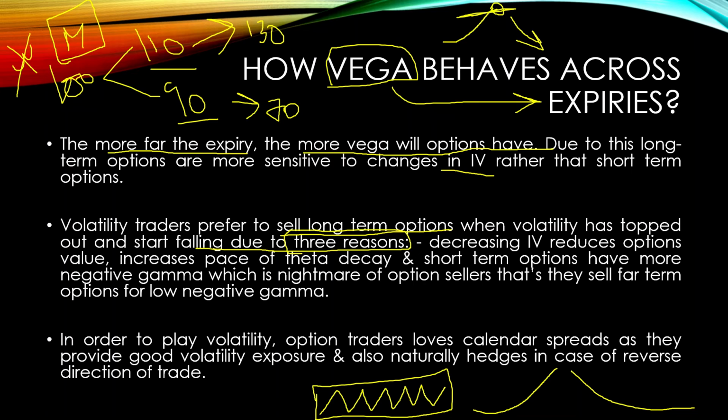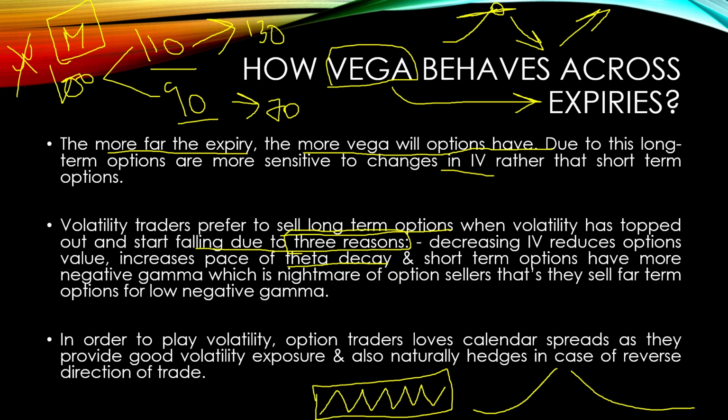Second, as discussed in our theta class, when the IV starts decreasing, it increases the pace of theta decay. The reverse is the case when IV starts increasing, it decreases the pace of theta decay.